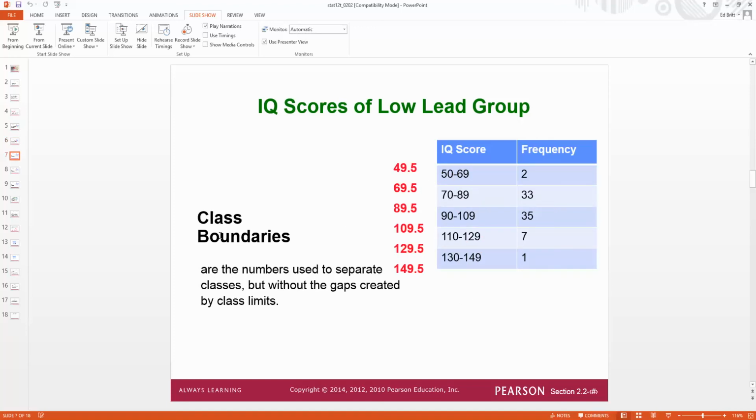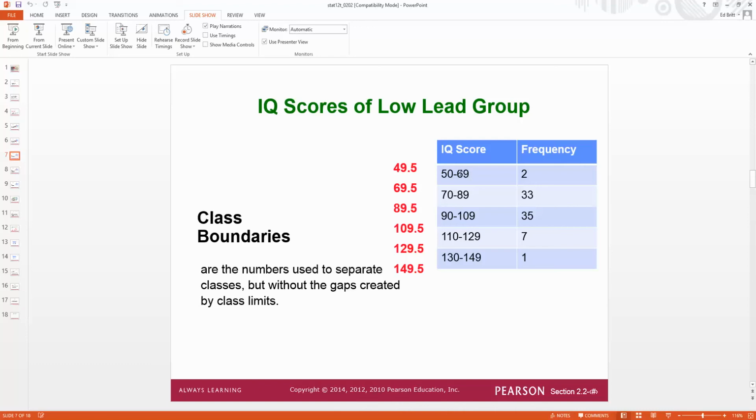Your class boundaries, this can be just a little tricky. Your book says they are numbers used to separate classes but without the gaps created by class limits. Let's see, right here, what is the distance between an upper class limit and the next lower class limit?